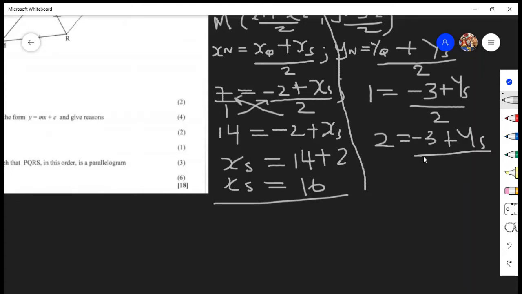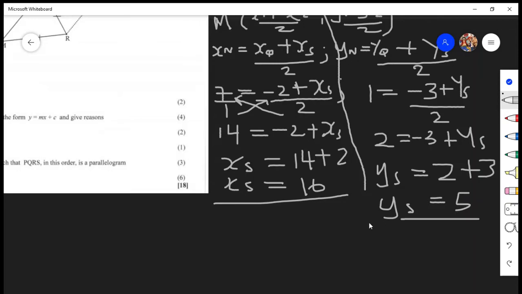Okay, now we can get our final ys value as 2 plus 3, which is then 5. So our y value of s is now 5. So we can write our final coordinate as 16 and 5.